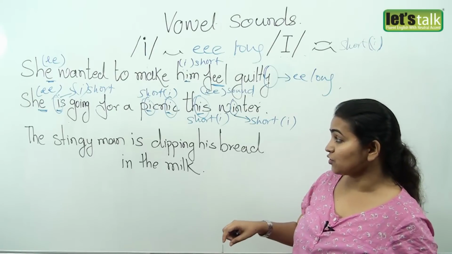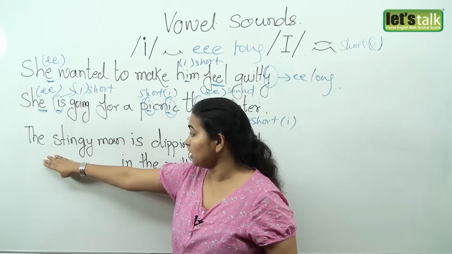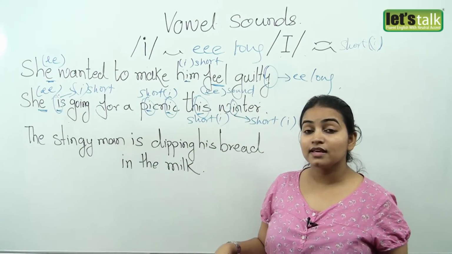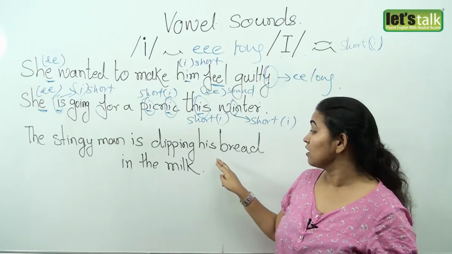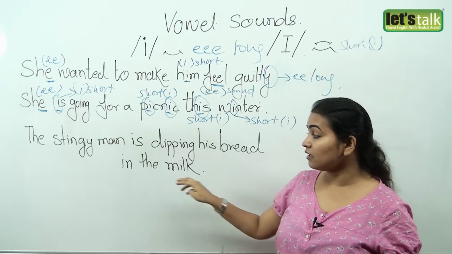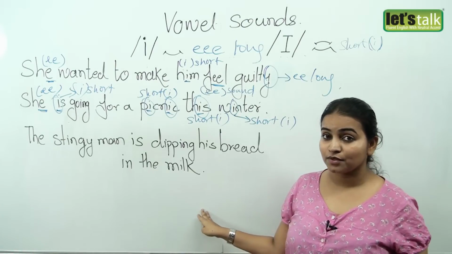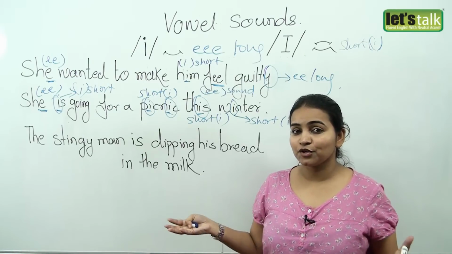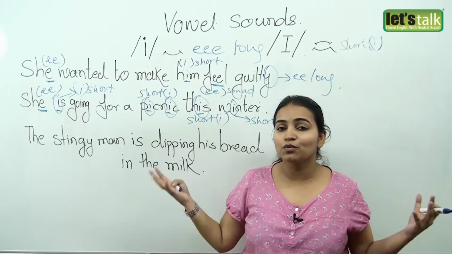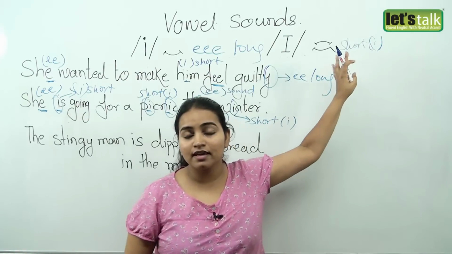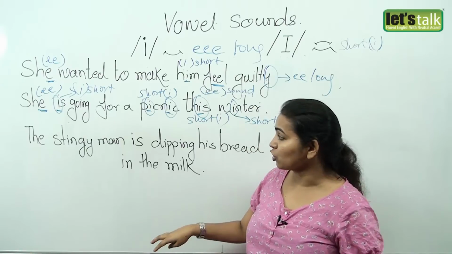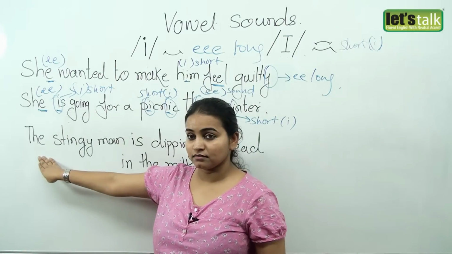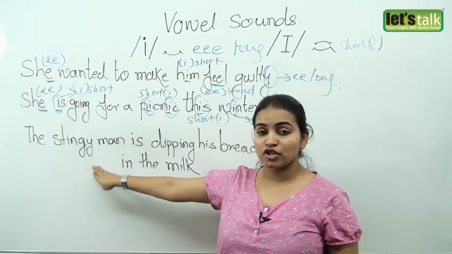The next sentence. The stingy man is dipping his bread in the milk. Well, lots of words here. What do you think? What words out here have the E sound and what words out here have the short I sound? Let's take a quick look. The stingy.